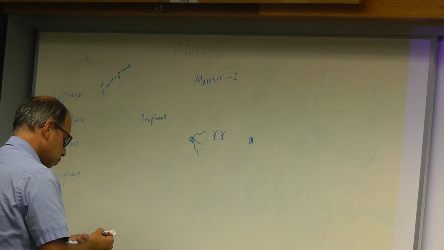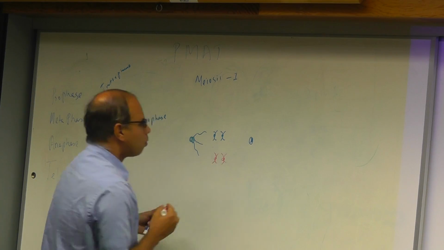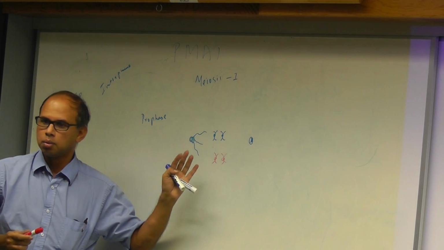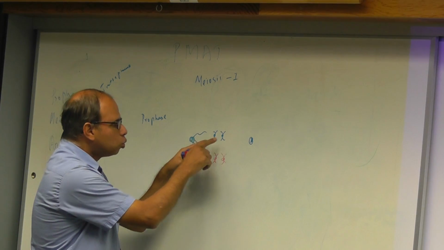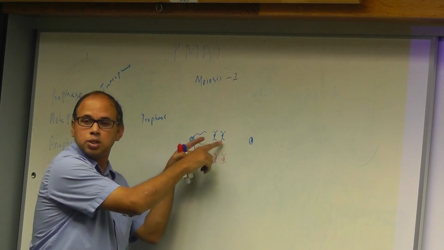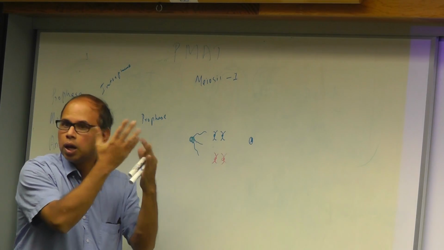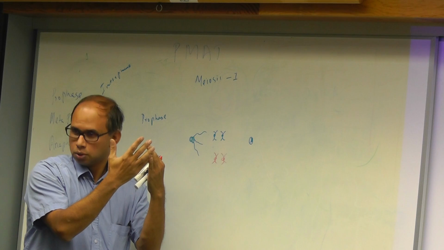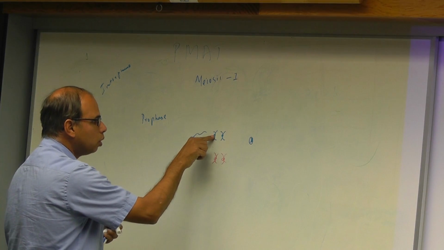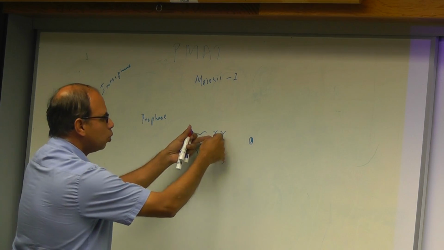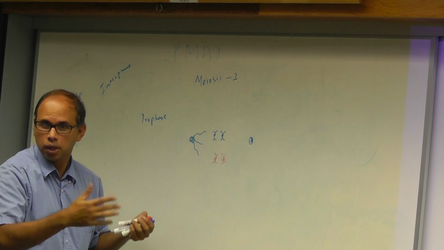I'm going to draw this. They still line up in the equator, but now the two copies of the chromosomes which have the same genes in them, they line up side by side. And earlier, the thread would go here and a thread would go here, and they would pull it together, and you just get two copies, right?